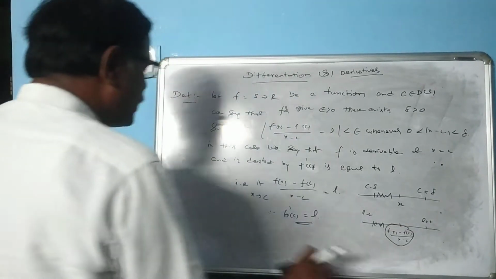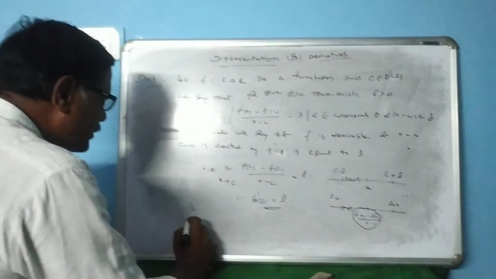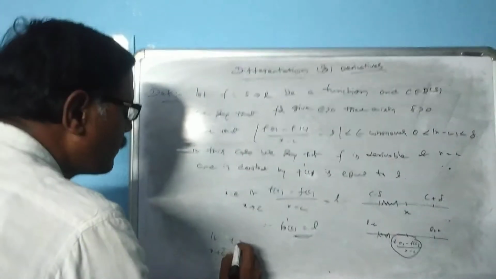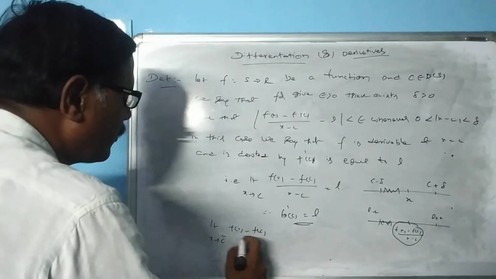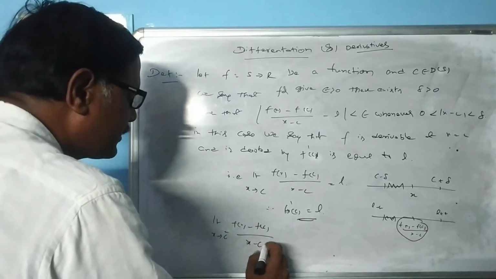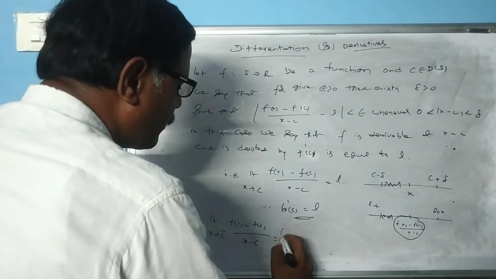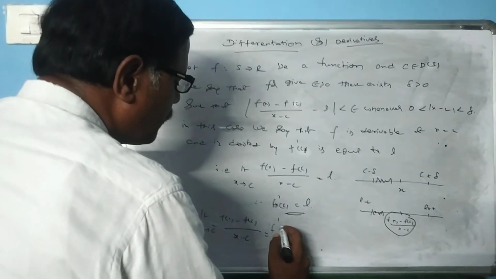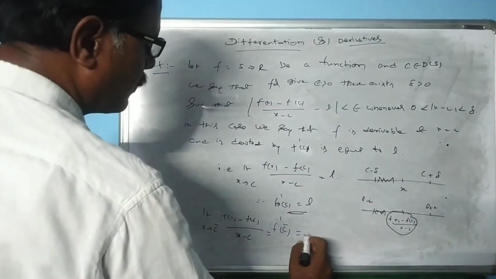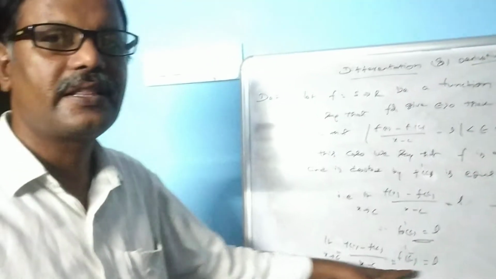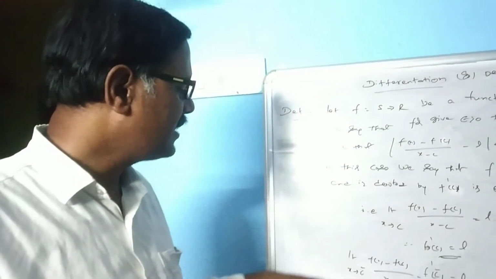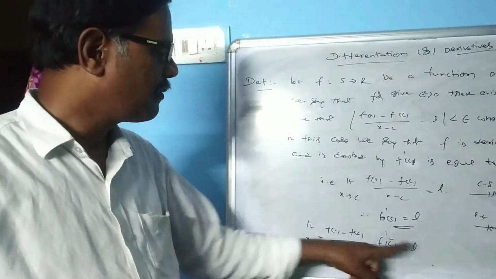That means the limit as x tends to c minus of (f(x) minus f(c))/(x minus c) is equal to f dash c bar. In this case we say that f is derivable from the left at x equal to c.